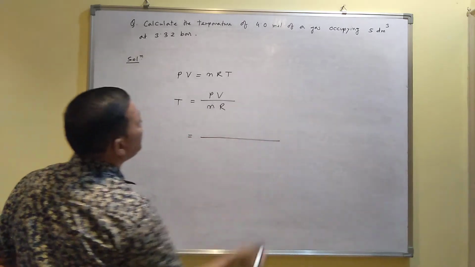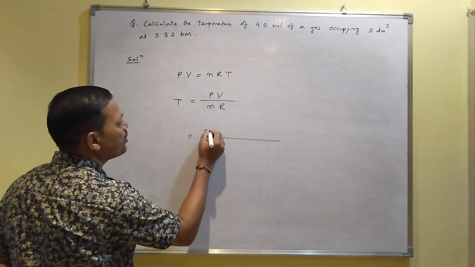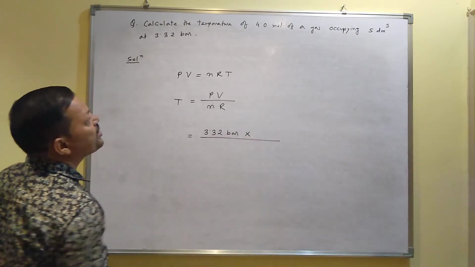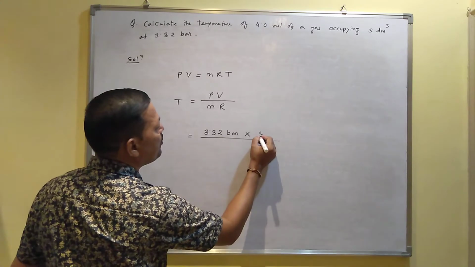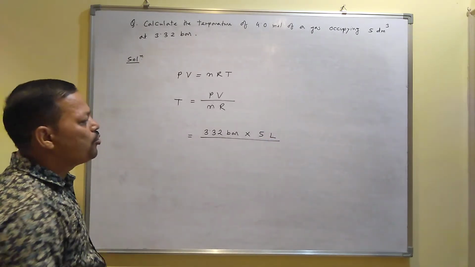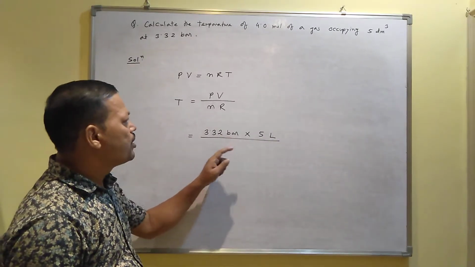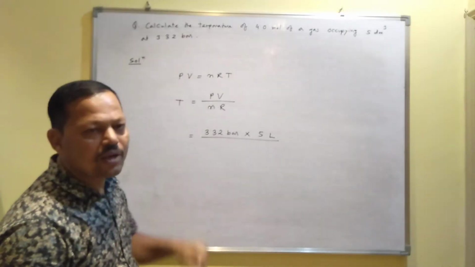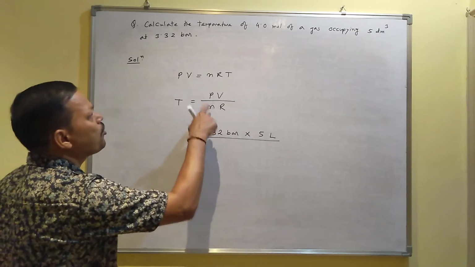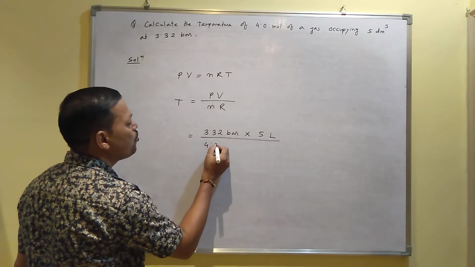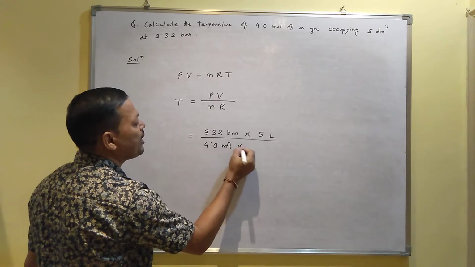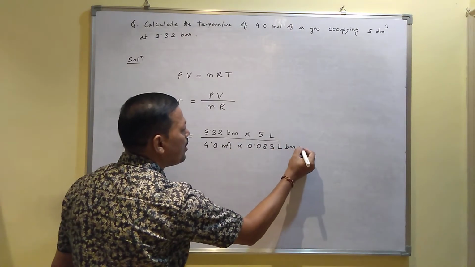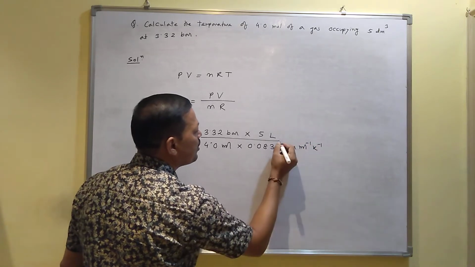Here pressure is given as 3.32 bar, and volume is 5 dm cube, I mean 5 liter. Since volume is in liter and pressure is in bar, when you put the value of R you have to use the liter bar value. The number of moles is 4.0 mole, and the R value you use is 0.083 liter bar per mole per Kelvin.